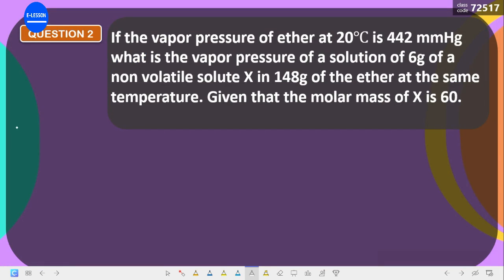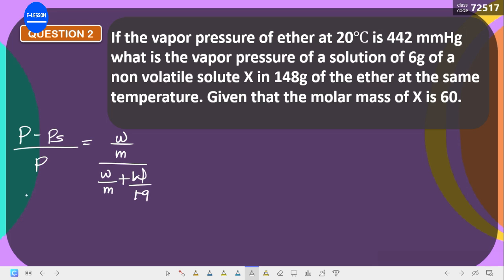Okay, let's go. Now we said the formula is (P minus PS) divided by P is equal to (w over m) divided by (w over m plus W over M).